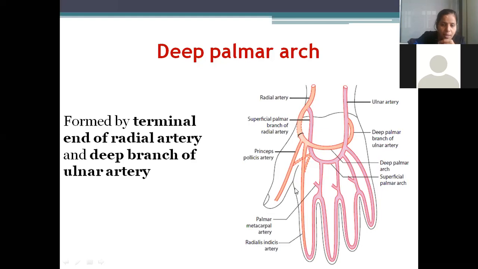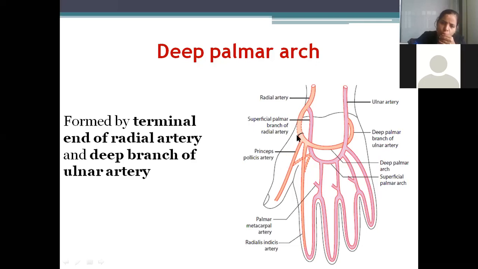Ma'am, if it doesn't join with the deep palmar arch, then where will the superficial radial branch go? Which one, beta? Please repeat the question. Yeah, the superficial radial artery branch, where does it usually go? Okay. In case it is not participating in the formation, it will just supply the digits towards the thumb.